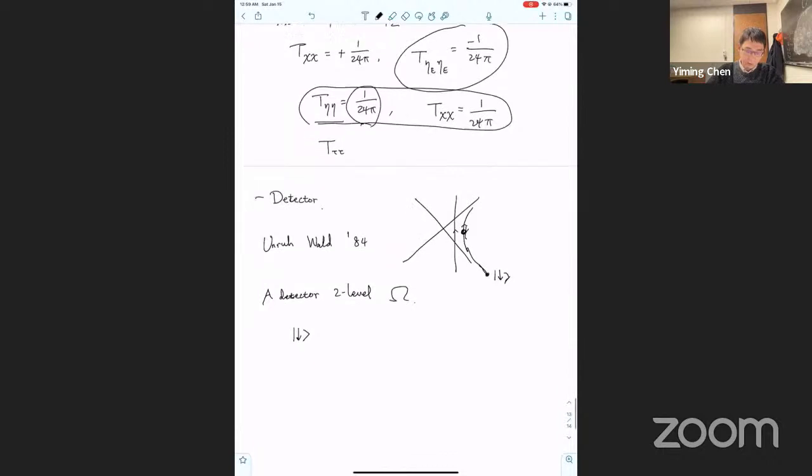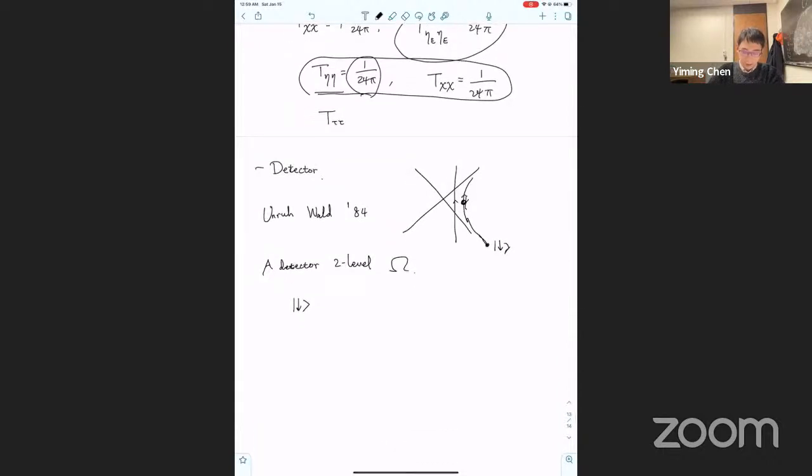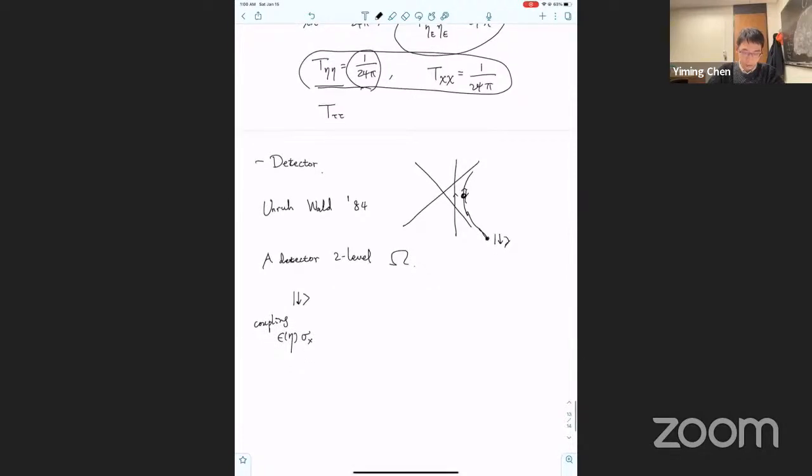Let's suppose this detector is coupled to the outside world, to the scalar field we were discussing, by a coupling epsilon of eta times sigma x, times the field phi.